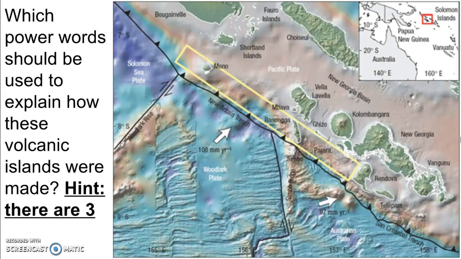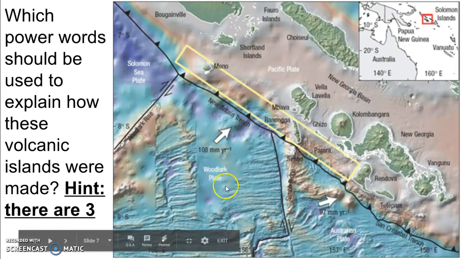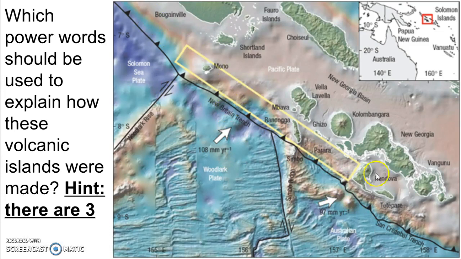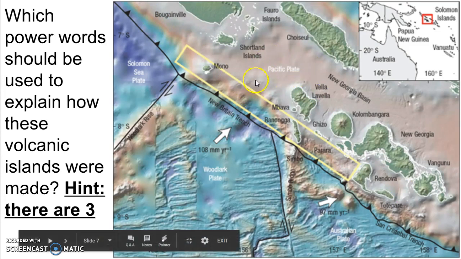All right, which power words should be used to explain how these volcanic islands were made? These are the Solomon Islands. They are, as this map shows here, north and east of Australia. Here's the Solomon Sea Plate, the Woodlark Plate, and the Australian Plate right here. And this marking on the boundary shows us that all 3 of these oceanic crust plates are converging and subducting underneath the Pacific Plate.